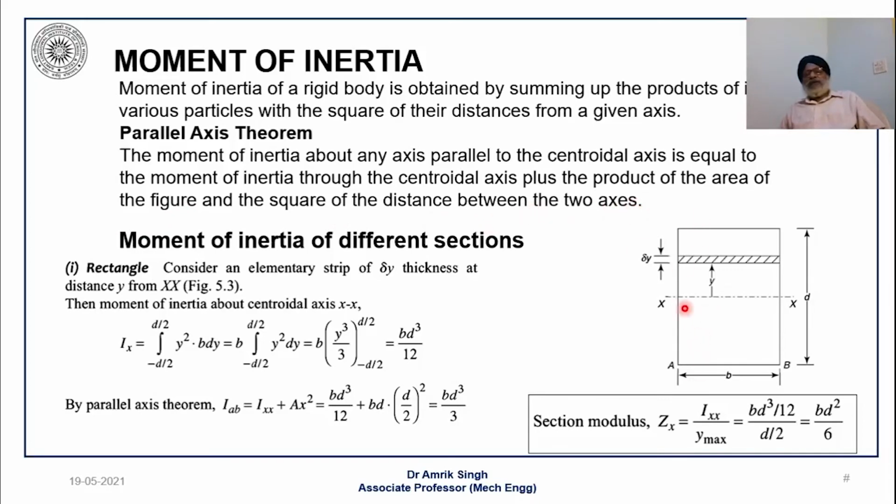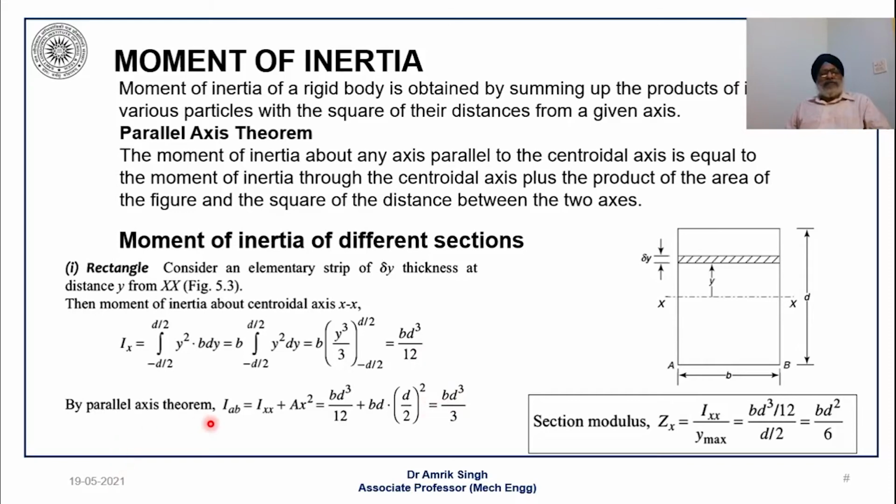So if we have to calculate for the rectangular section, by the definition we know that I is equal to the integral of y square into area, with limits of minus d by 2 to d by 2. If you put that in, you will get bd cube upon 12.